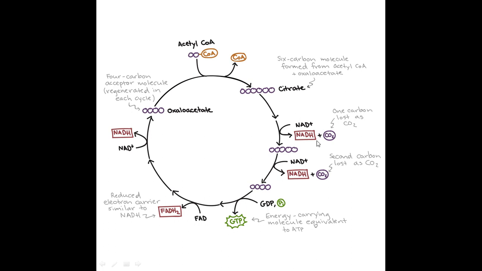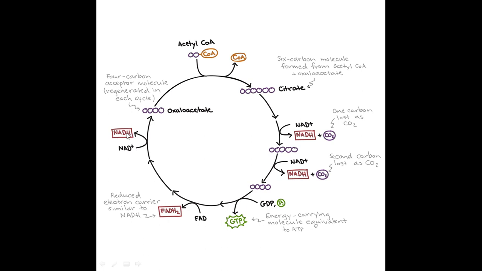Also converting from alpha ketoglutarate to succinyl-CoA, there is loss of another carbon dioxide, or one carbon atom, and production of one NADH. From succinyl-CoA to succinate, there is one produced GTP. Then from succinate to fumarate, there's production of one FADH2. And from malate to oxaloacetate, once again, there is production of one NADH.